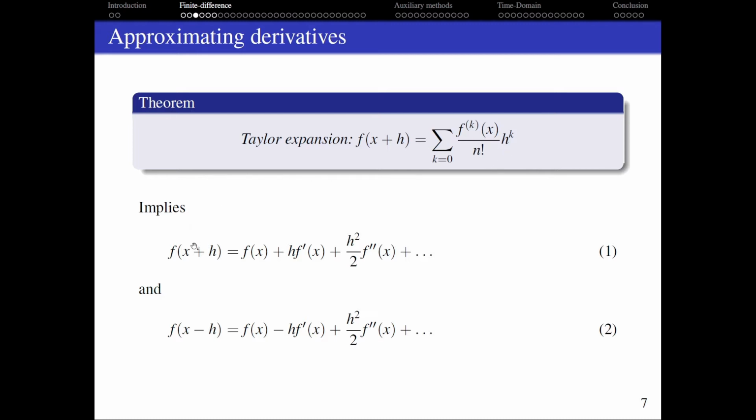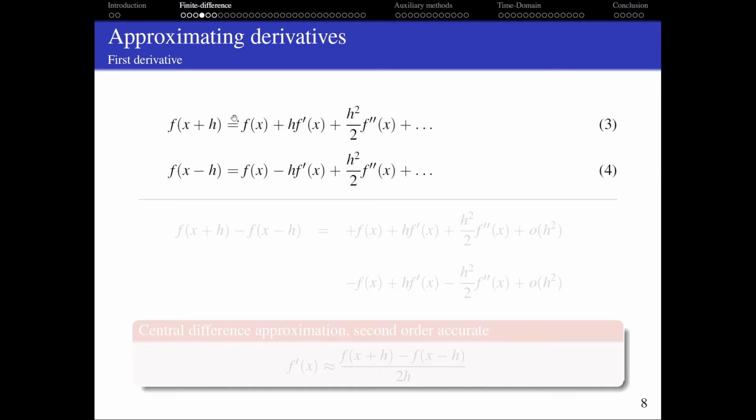So when you expand f of x plus h, you get f of x plus h times the first derivative plus h squared over 2 times the second derivative, and so on. But you can also do it with a displacement on the left, with a minus sign here, and that is going to switch all the signs for the odd elements of this expansion.